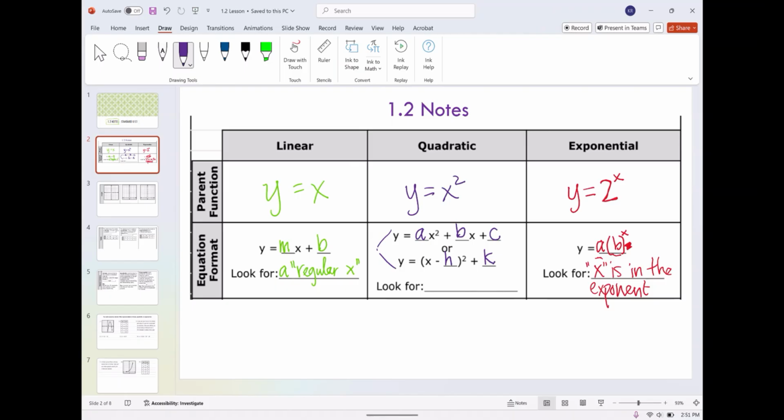But when you're looking at equations, we want to look for an exponent of 2. So when there's an exponent of 2, then we know it's going to be a quadratic function if 2 is the highest power. All right, so those are just the different equation formats that they're in.